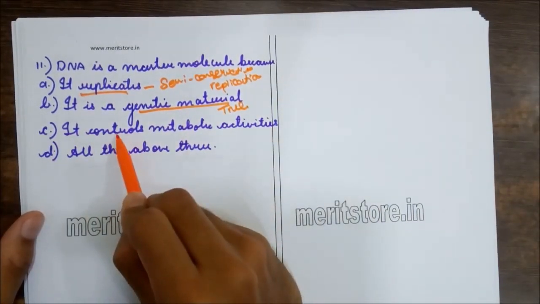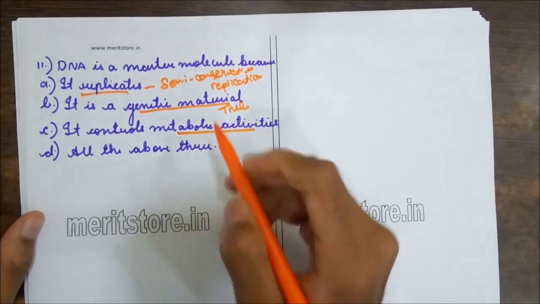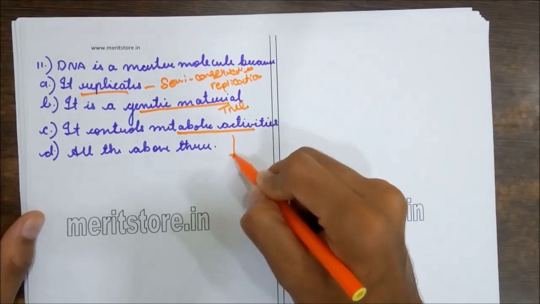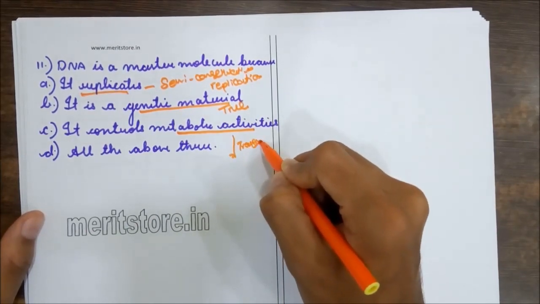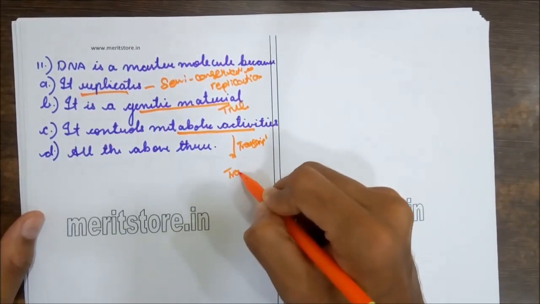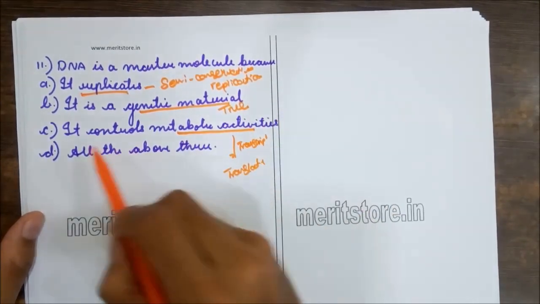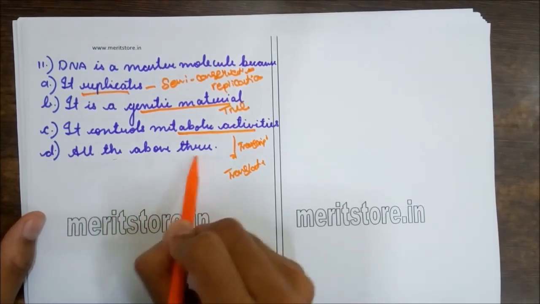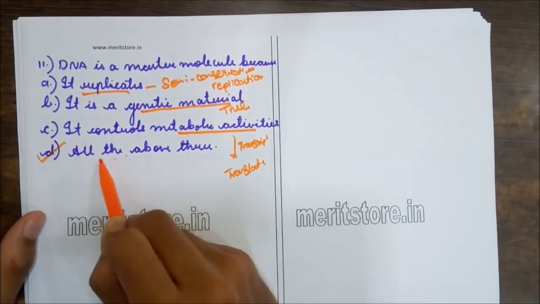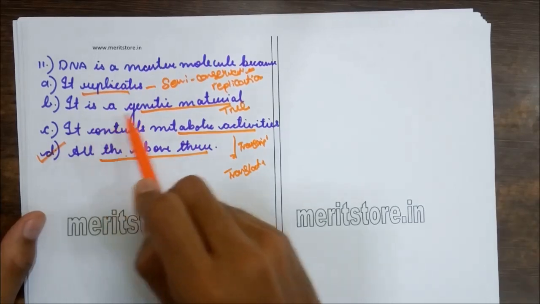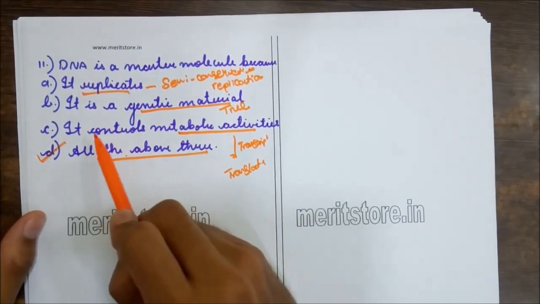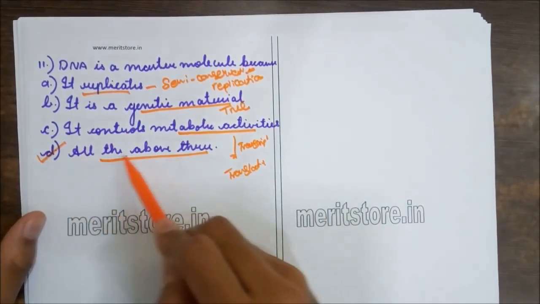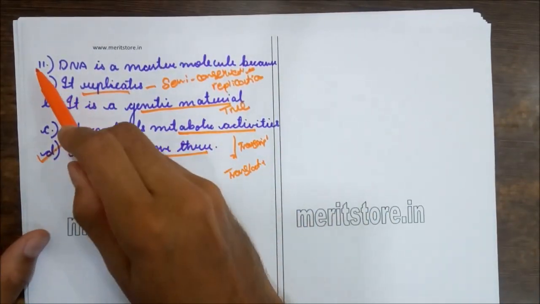Option C, it controls metabolic activities by a process of transcription and then translation. So all three options are correct and option D states that all the above. So option D is the correct answer, that it replicates, it is a genetic material and it controls metabolic activities.